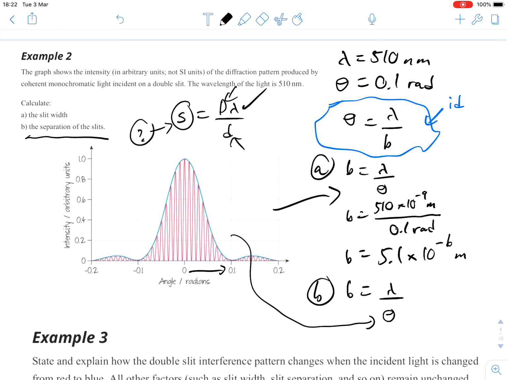I'm going to count how many peaks there are. There's 1, 2, 3, 4, 5, 6, 7, 8, 9, and it looks like there's 10.